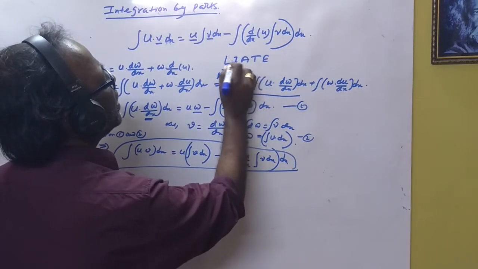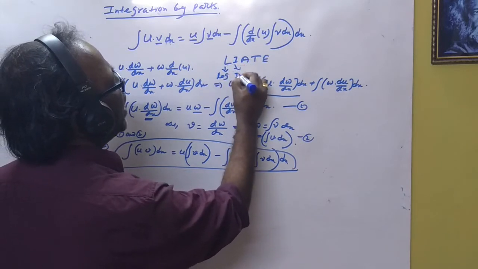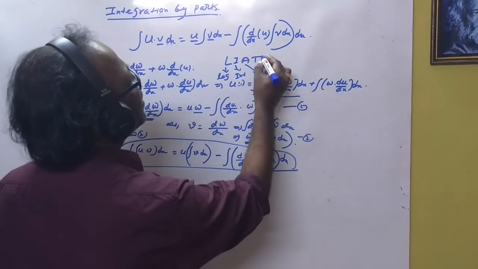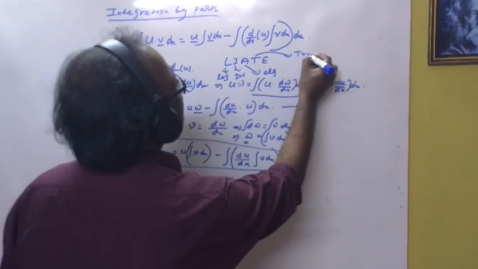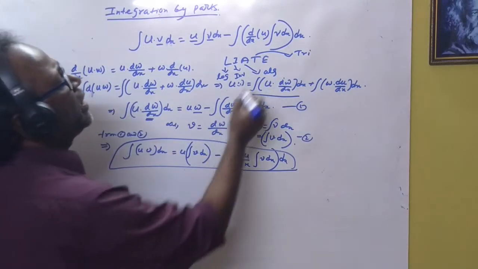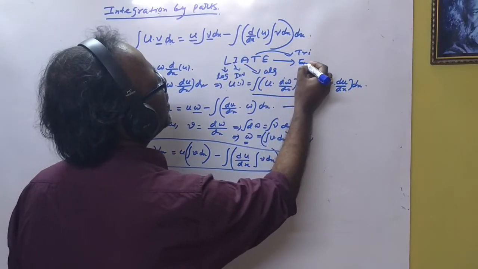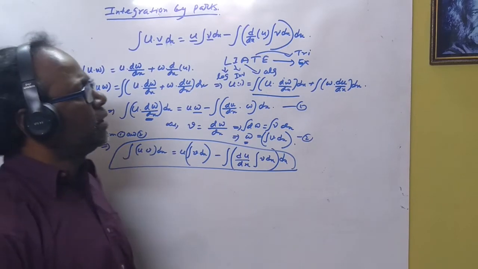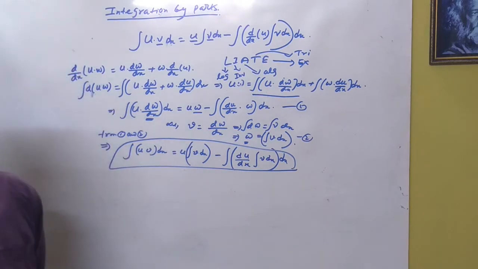I is the inverse. A is algebra. T is trigonometry. E is exponential. So learn this word as LIATE, L-I-A-T-E.